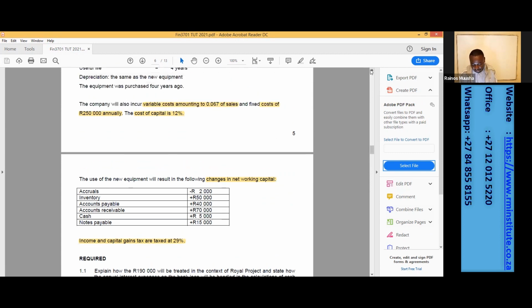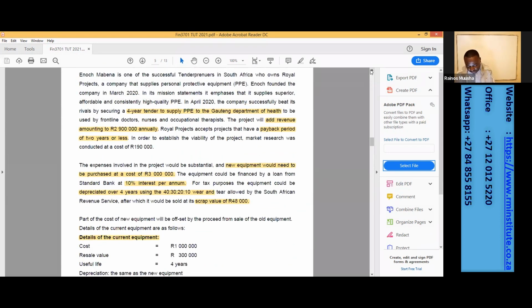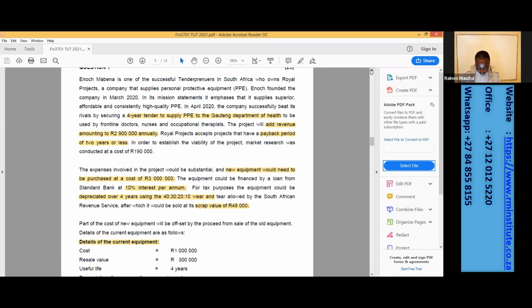Now, for the item relating to the 190,000, they tell us that in order to establish the viability of the project, market research was conducted at a cost of 190,000. Please take note, any market research costs are not included in capital budgeting, because when you do market research, you're trying to see if the project is going to be viable and whether it's logical to partake in this particular project.